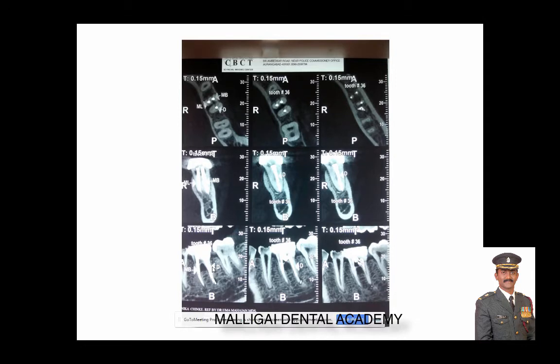There is also a perforation in the floor of the tooth in image 1 and in image B in the lower line, which is marked by the arrows. So what I could gather from this image is that there was a perforation in the furcation area.